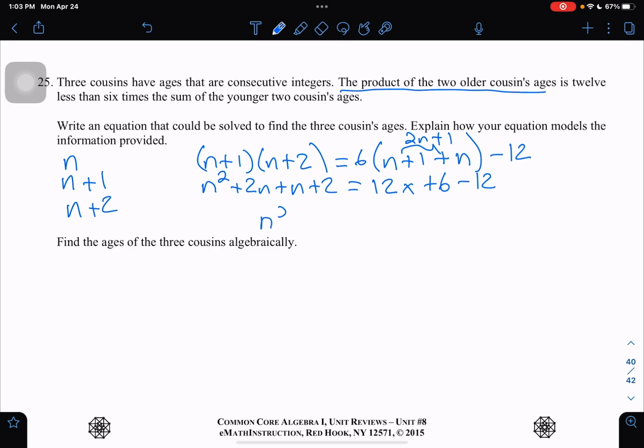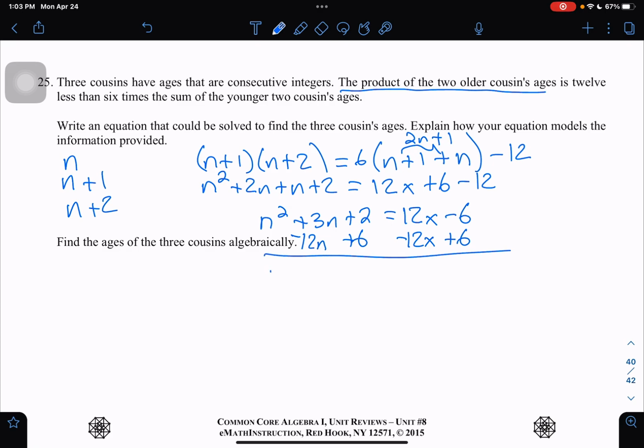So this becomes n squared plus 3n plus 2 is equal to 12n minus 6. Okay? So now we're going to solve this, put 0 on the right side. So we're going to do the opposite here. And then we have to subtract 12n here and add 6 here.